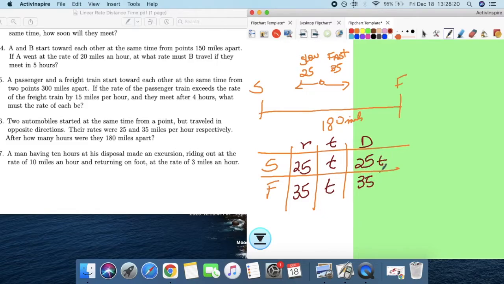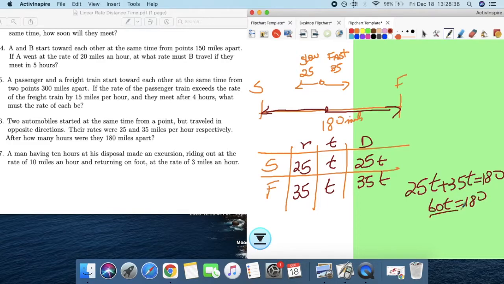So however much this train traveled plus however much this train traveled, if I combine them, it equals 180. So 25t plus 35t equals 180. That is 60t equals 180. I divide both sides by 60, and t equals 3 hours. So after 3 hours, they were 180 miles apart.